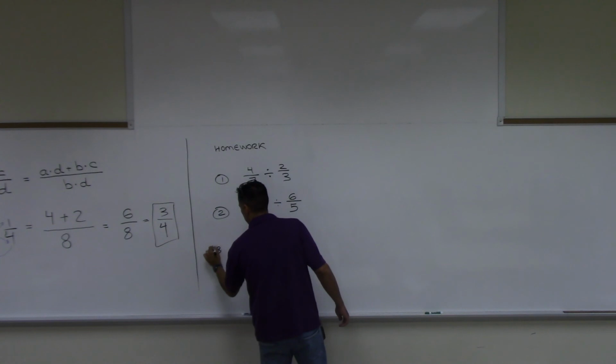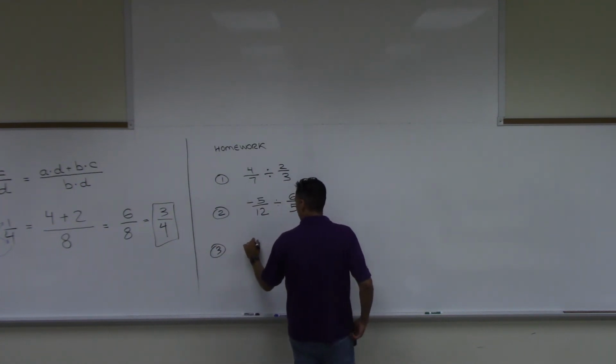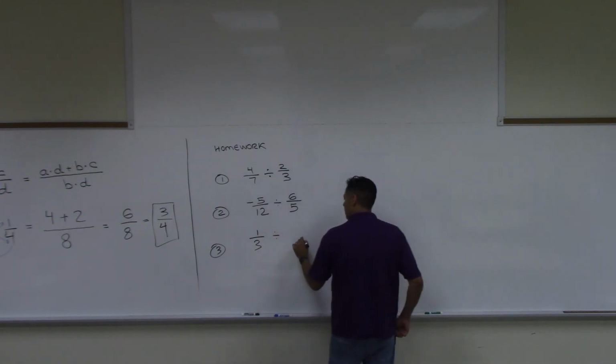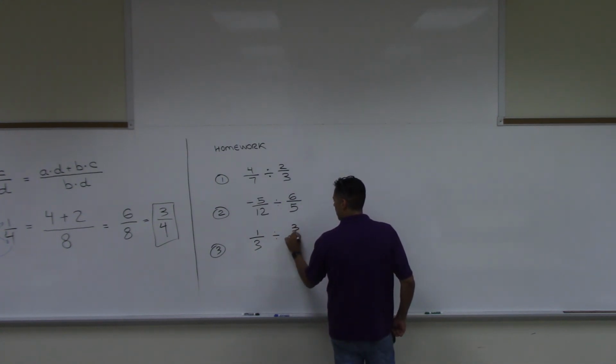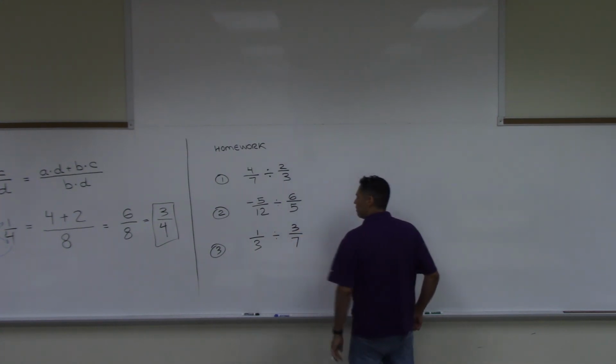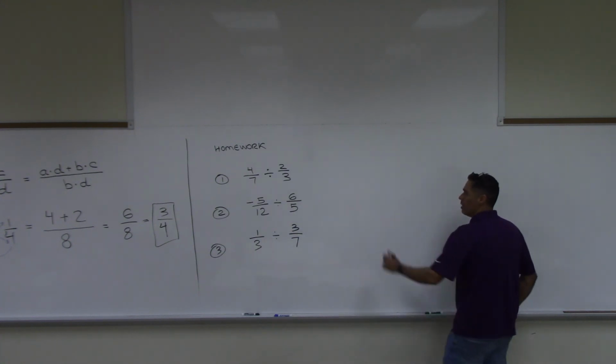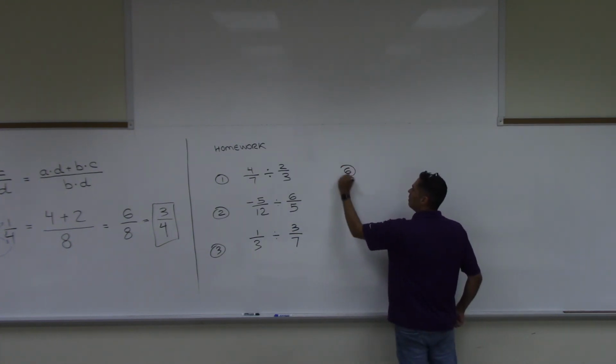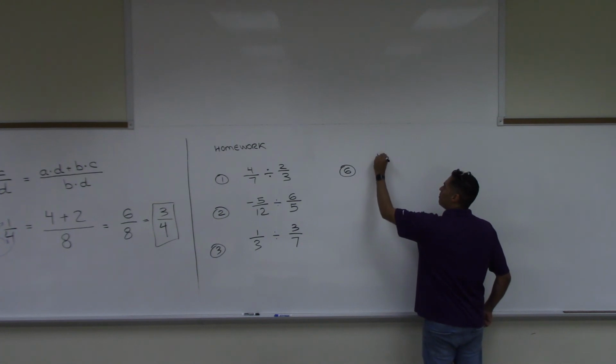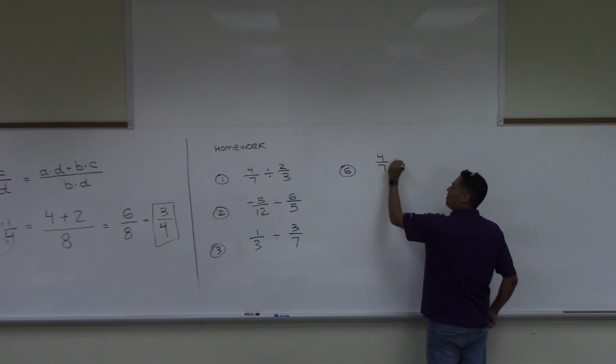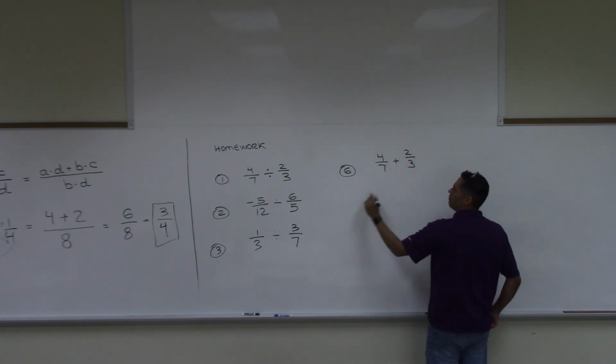I'm going to keep it simple today. Let's go 1/3 divided by 3/7. I'm just going to give you 6 problems, all right? The next problems are going to be all of those problems with addition between them.